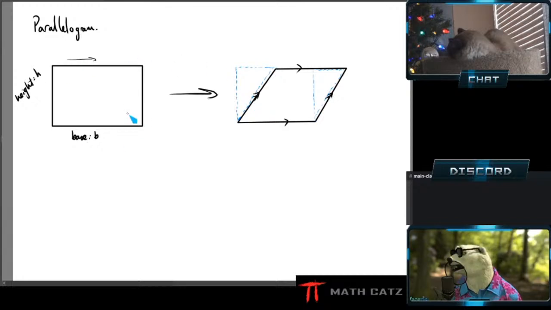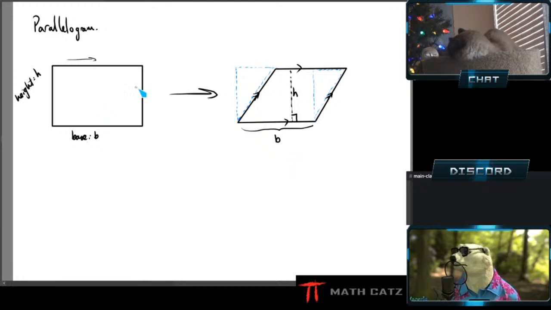Then those lengths are still in the parallelogram. This bottom edge has length B, and I don't necessarily see the side length of any of this parallelogram as having H length, but if I draw a perpendicular line between the base and its corresponding parallel side, that will have length H, right?